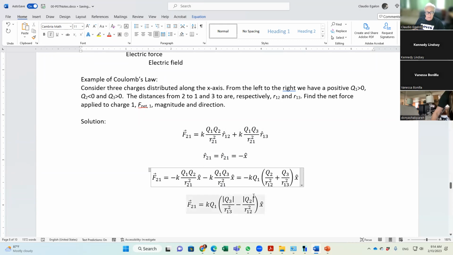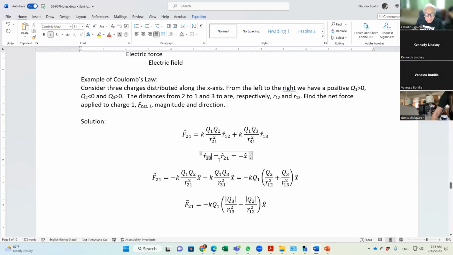And now, oops, that's not R21, that's 3-1. That should be 3-1 as well. From 1 to 3.